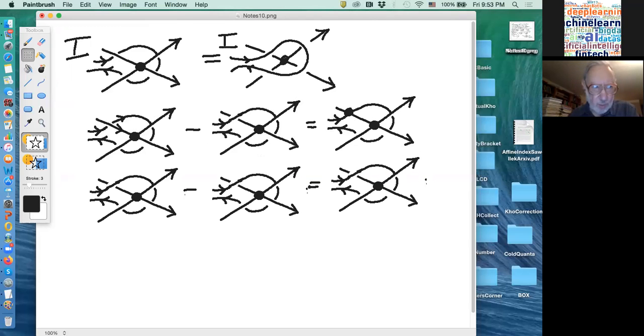So I have to do a little work here. This one is the same. This one is going to get switched. And this one is going to get noded now. And this started out as a negative crossing, so this is the opposite signs, and so this will get a minus sign there.